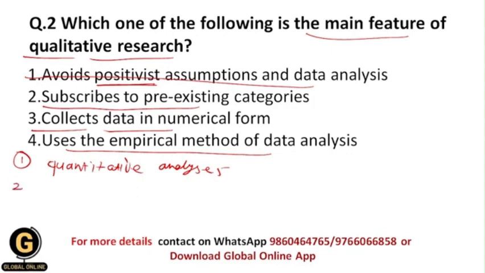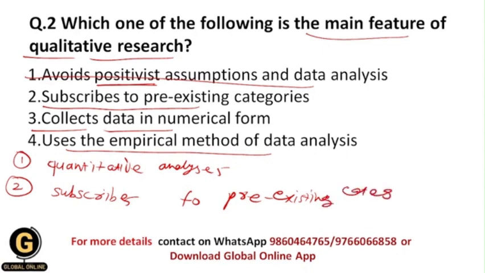Second, the positivistic approach subscribes to pre-existing categories. It means that basically you already have a hypothesis, and based on that hypothesis you are going to test that hypothesis, and the meaning of this is that it subscribes to pre-existing categories.